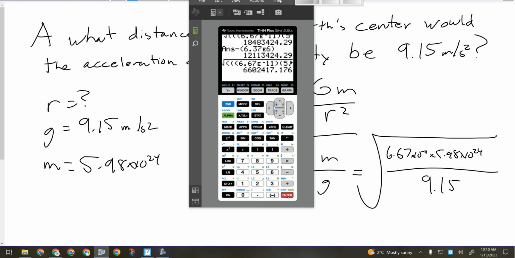Okay, so we're looking at 6.60 times 10 to the 6 meters, which makes perfect sense.